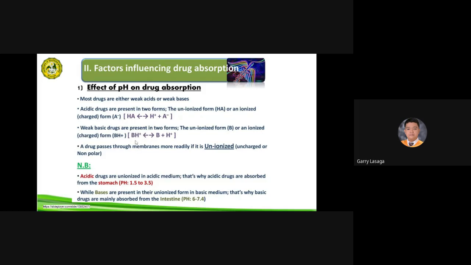The BH represents the ionized form of the basic drug, the weak base. And we have here the unionized form of the base and the hydrogen ion.